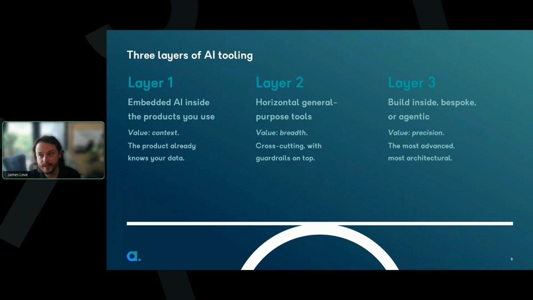Layer 3 is ultimately what you build, and it's where things get really exciting and really dangerous. Tools you build inside platforms you've already licensed, bespoke applications that you might commission, and at the really advanced end, agentic orchestration that chains AI calls together into multi-step workflows.